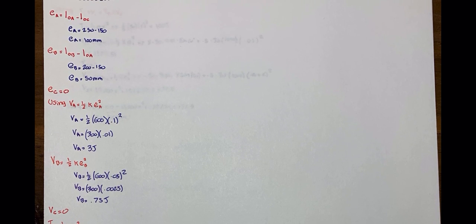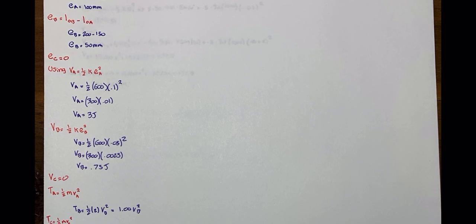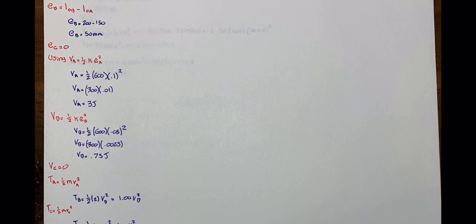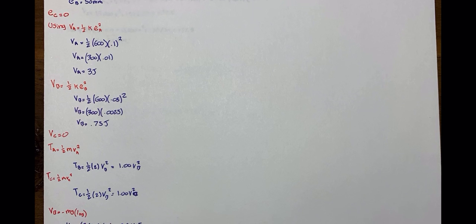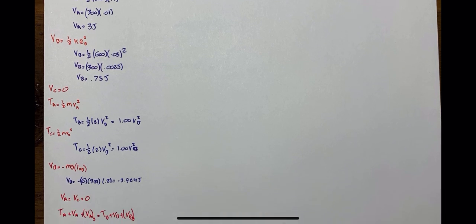And at EC, 0 millimeters. Using VA is equal to 1/2 K E squared, we can plug in and find that VA is equal to 3 joules. VB is 1/2 K E squared. We can plug in and solve for VB is 0.75 joules, and VC is obviously 0 joules.